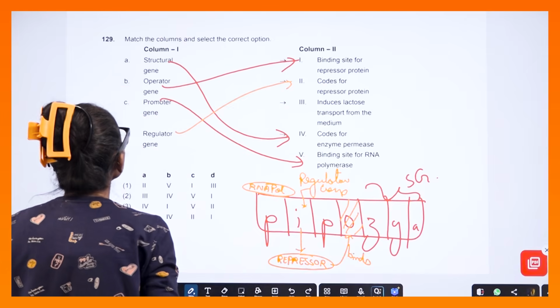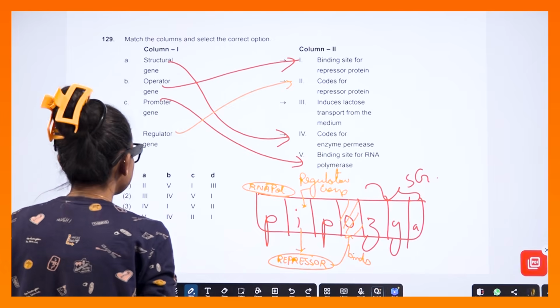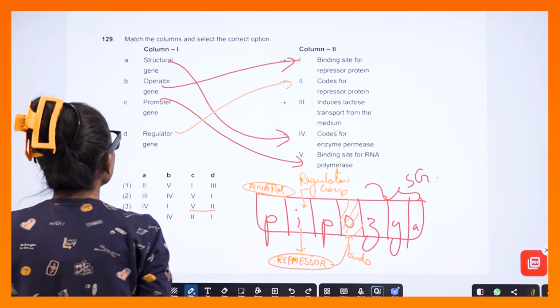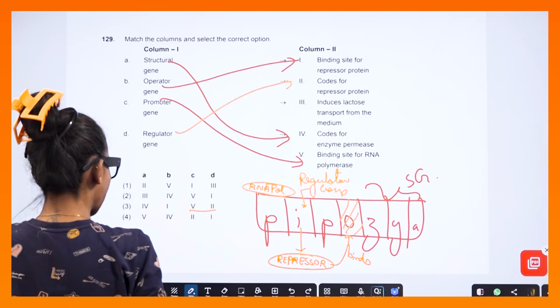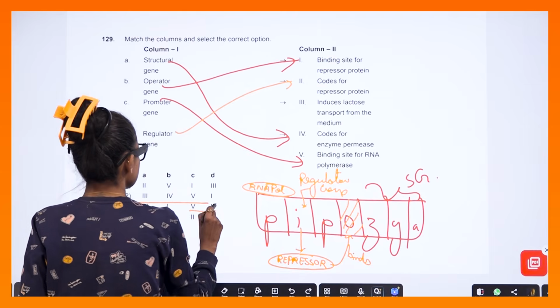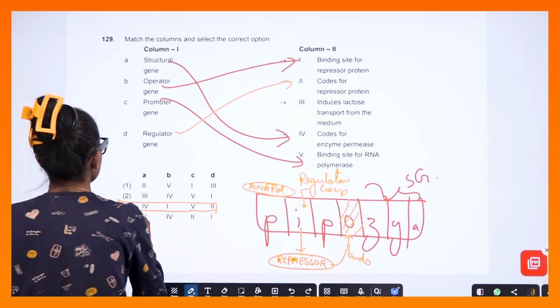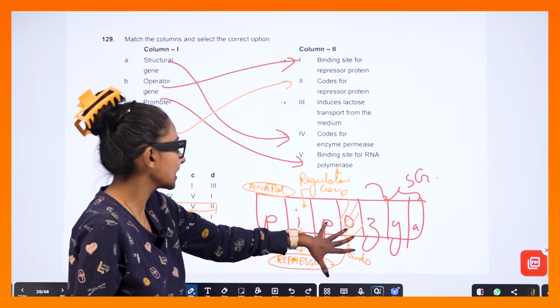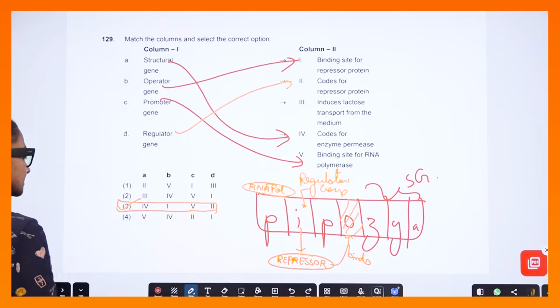So D2, C5, and then comes B1 and A4. So this is option number 3. Correct? I have mentioned everything, when lactose is absent. That is what I'm trying to do.